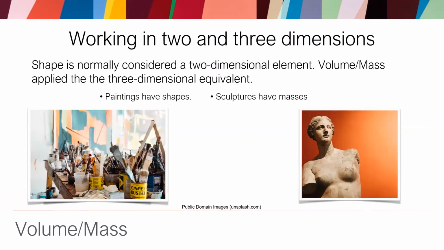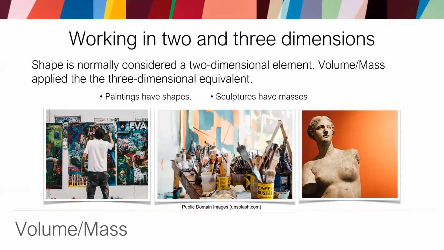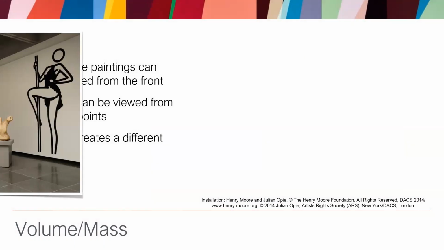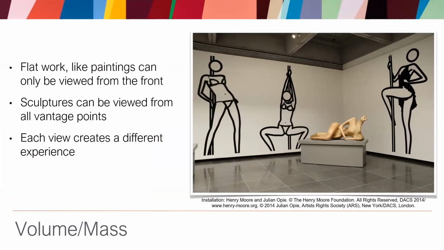So even though everything we're looking at is in two dimensions, it gives us the illusion of three dimensions, which volume and mass have to do with. And so the flat art has to be observed from the front, where a three-dimensional object can be observed from any angle.